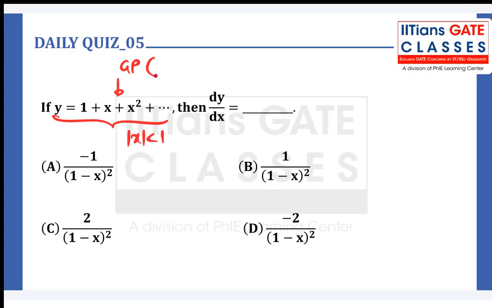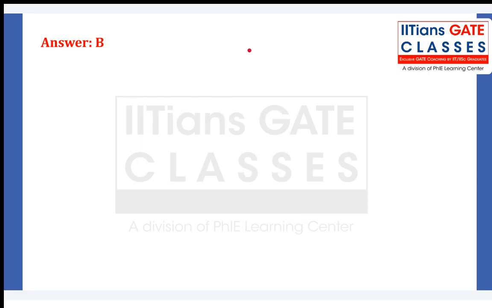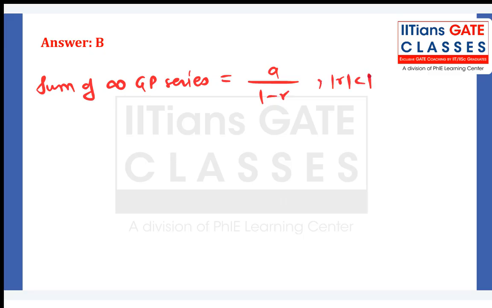So here the first term is a and the common ratio is x. The sum of an infinite GP series is given by a by 1 minus r, where mod r must be less than 1. Only then can you write it.